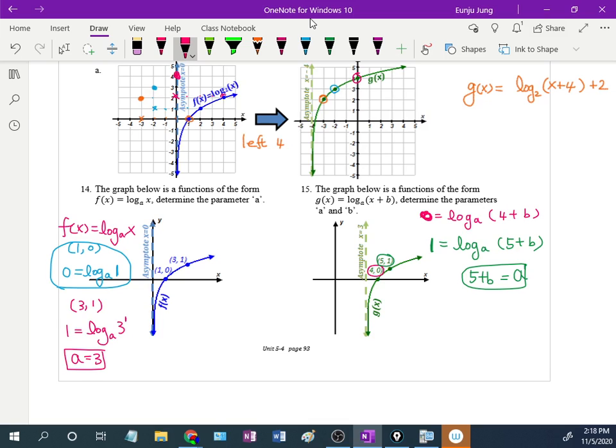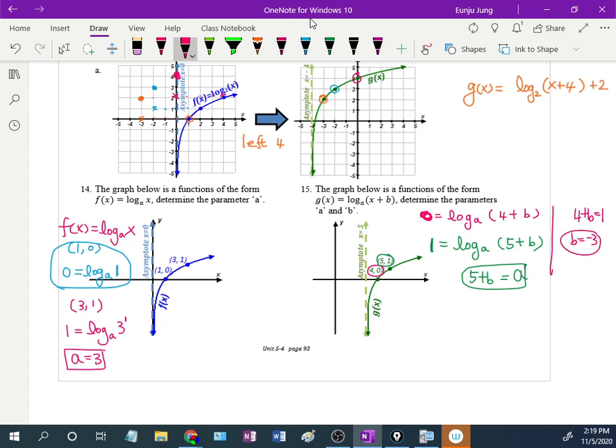Anything to the 0 power is defined as 1. So this quantity 4 plus b must be equal to 1. Log of 1 with any base is 0. So from this I get b. What is b? Subtract 4 from both sides, that is negative 3.